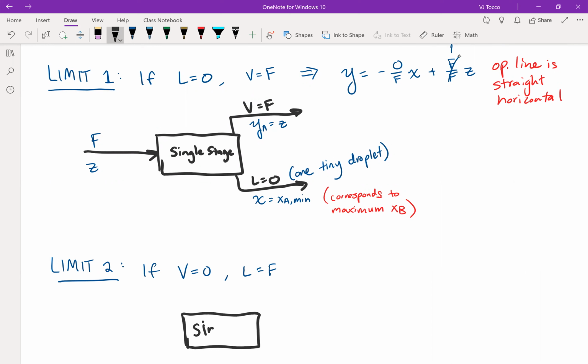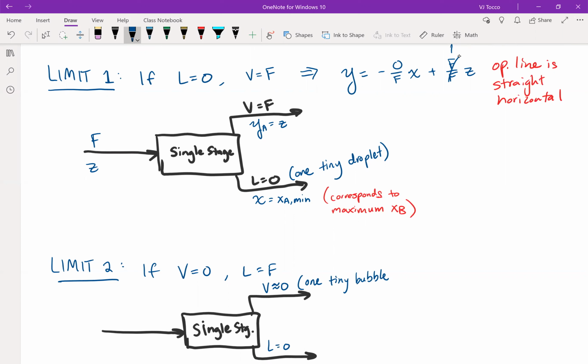We are only evaporating enough such that a single bubble of vapor forms. So my V here is close enough to 0 such that it's not really measurable except for the composition. Instead of saying equal, we'll say approximately equal to 0. So this means one tiny bubble of vapor is forming.